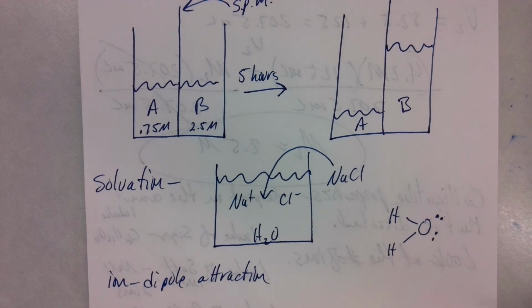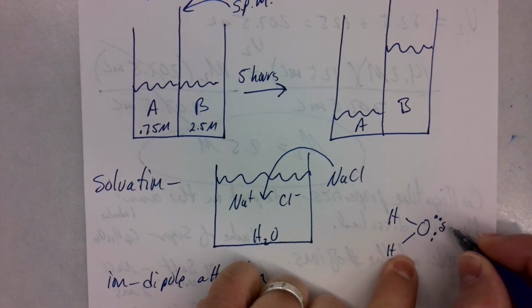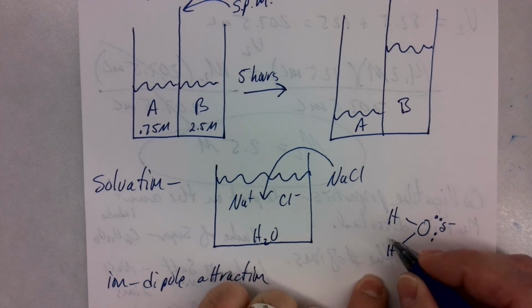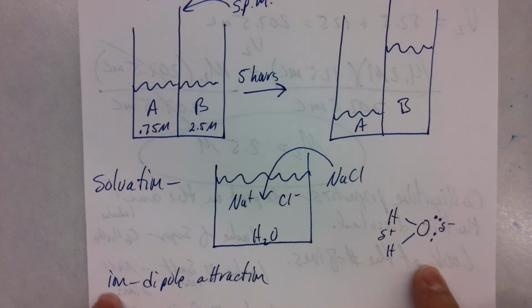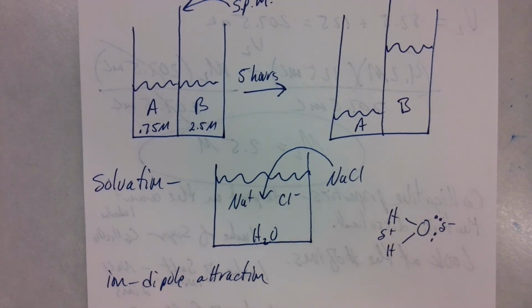Remember that from a couple of chapters ago? Now, this end is obviously partially negative, and this end, by default, is partially positive. So this ion dipole attraction allows it to get between those two ions and keep them from getting back together.